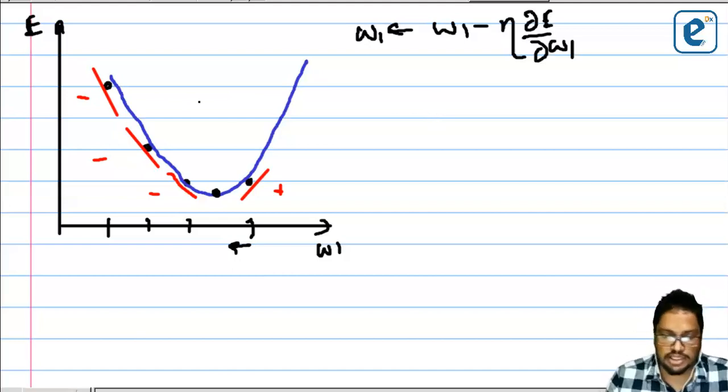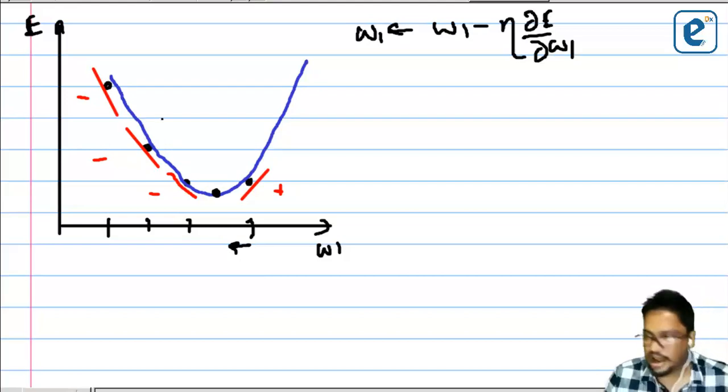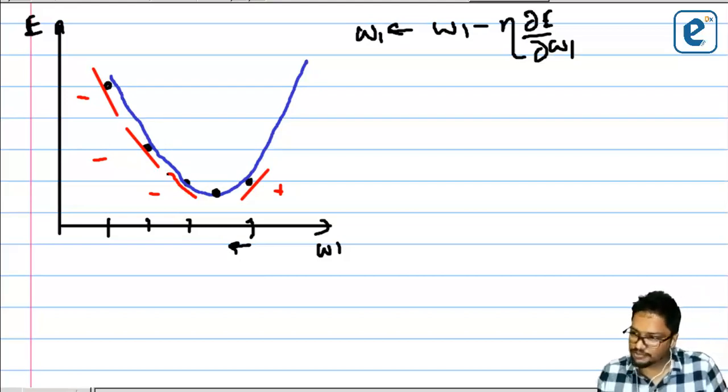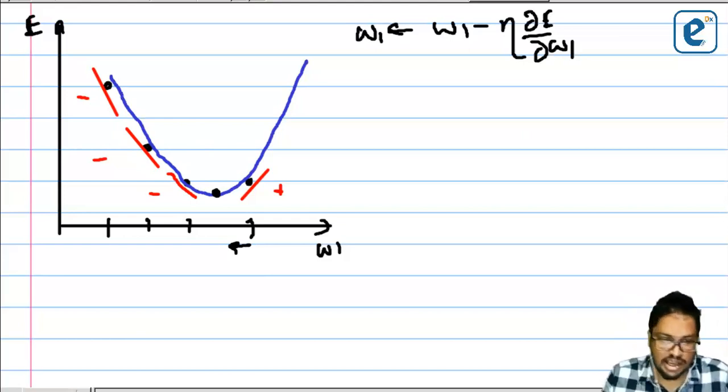Now, can you see the gradient is negative, but the magnitude of the gradient decreases, right? So what's going to happen? At points like this, the gradient is very large, so it reduces the weight in large steps, right?